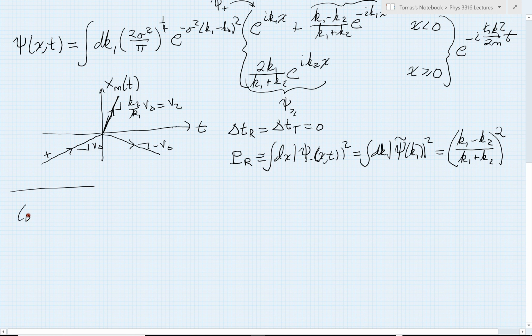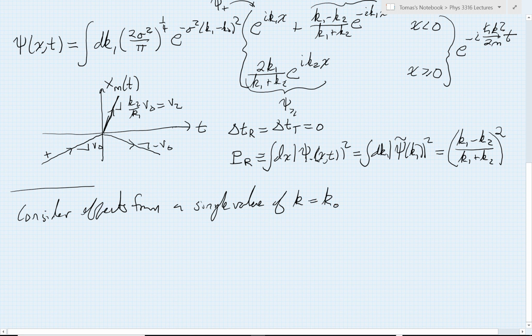So we want to consider, right, the effects that come from a single value of k, in particular what we can expect because we're concentrating things around k0.